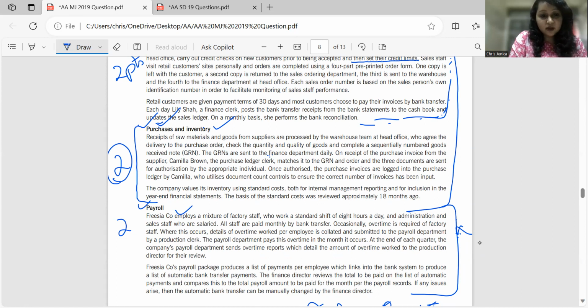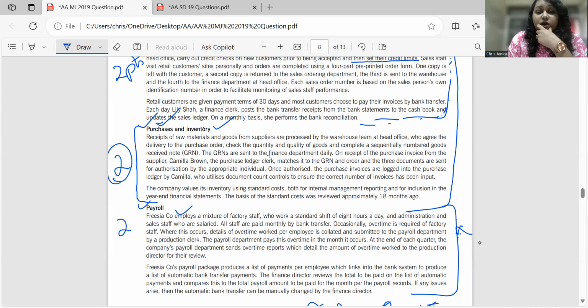Now I told for inventory also we have to look at, right? So this is the part. For inventory, they have given the company values its inventory using standard cost, both for internal management reporting and for inclusion in the year-end financial statements. The basis of the standard cost was reviewed approximately 18 months ago.